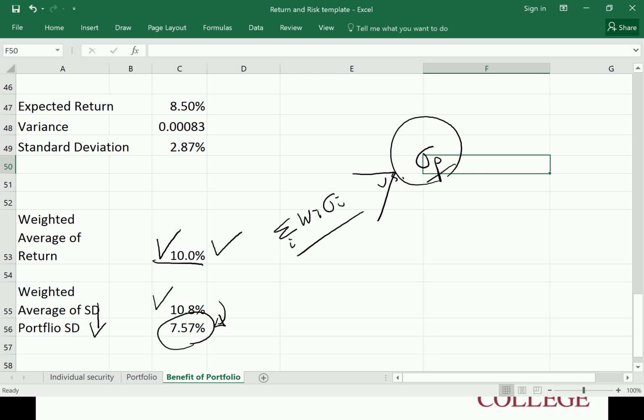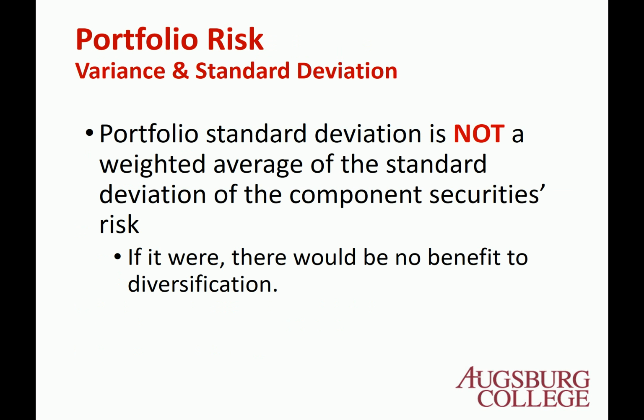So if you form a portfolio, you may diversify the risk away. So that's a lesson here. Again, portfolio standard deviation is not a weighted average of the standard deviations of the component securities. So there is a benefit of portfolio.